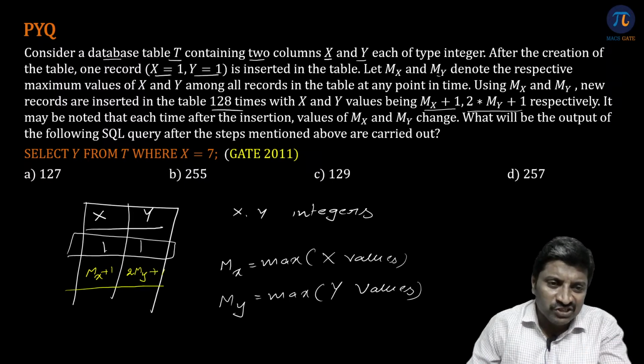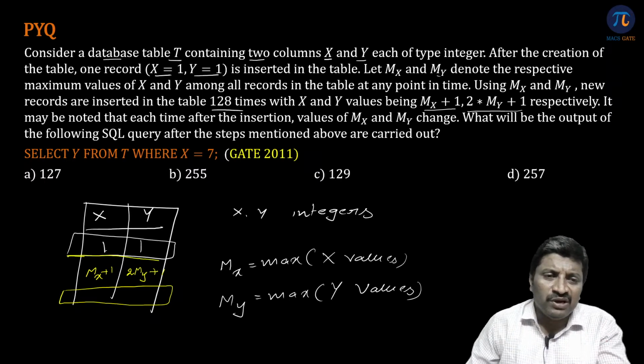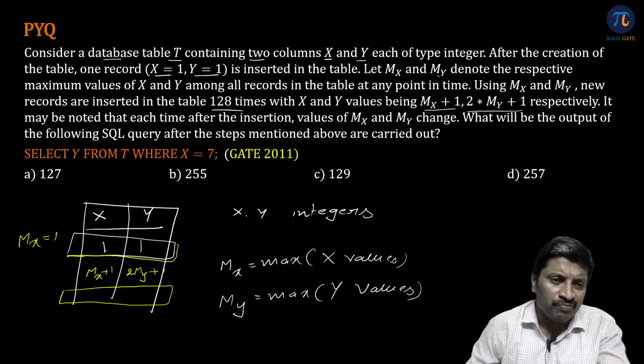Can you give the first inserted record, sir? Whenever we have only one record, what is Mx value? 1. What is My value? 1. So here what you insert is 1 plus 1, 2. Here it will be 2 into 1 plus 1, which will be 3.